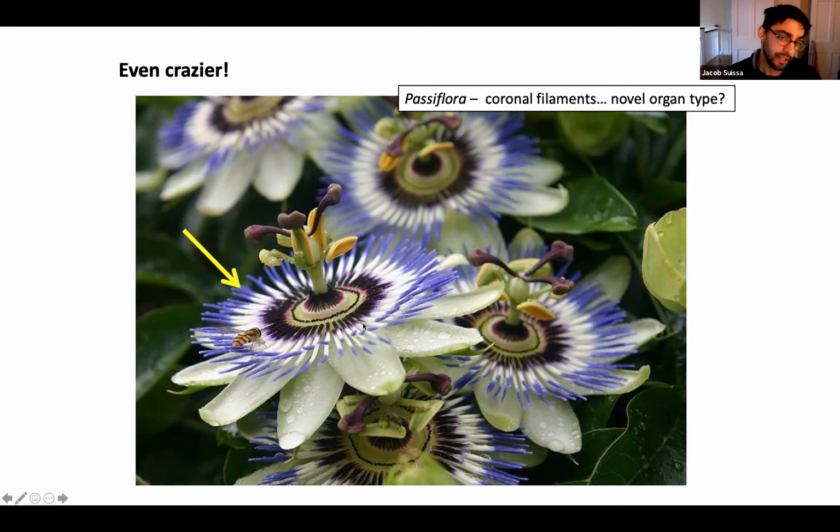Now, the thing with passion fruit, or Passiflora, is that it has this thing termed the corona, but let me talk about that last. Essentially, you have this really interesting stalk-like structure. You might ask, what is going on here? On the stalk, you have both the stamens and the carpels all attached to this one structure that's generally called a gynophore.